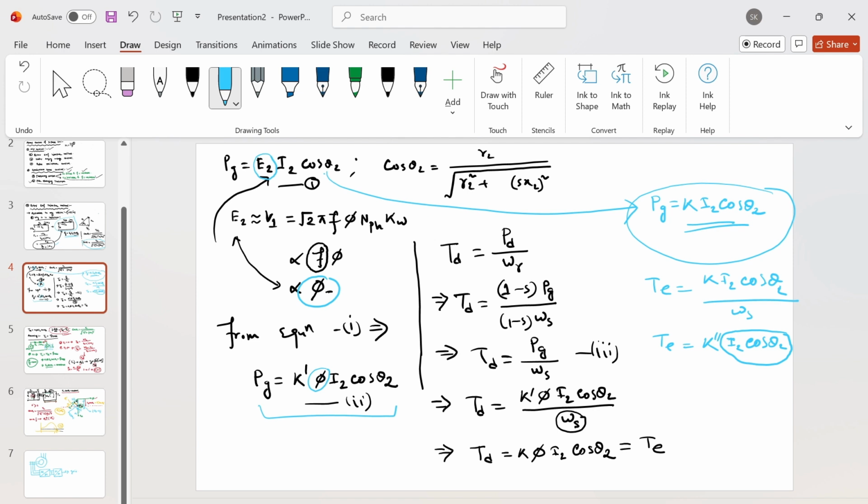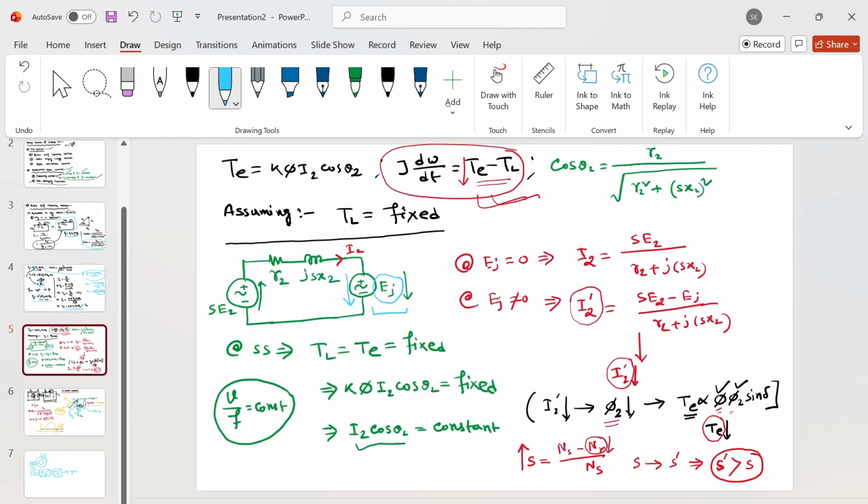So from here also you can do it, but I want this phi term for the later methods. I hope this is clear how we are getting this, and at steady state TD and TE must be the same. And this was the result from the previous slide, this one.